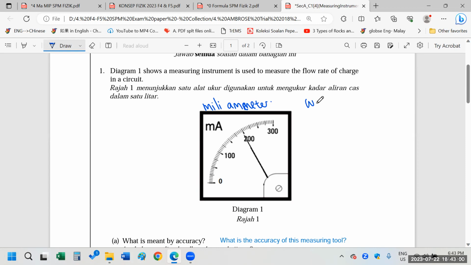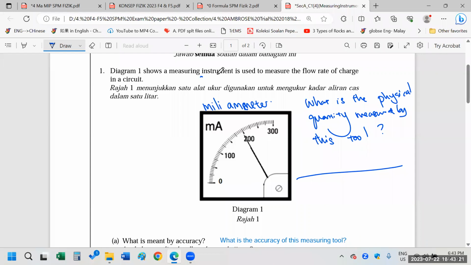My question is, what is the physical quantity measured by this instrument? Everyone, please answer.